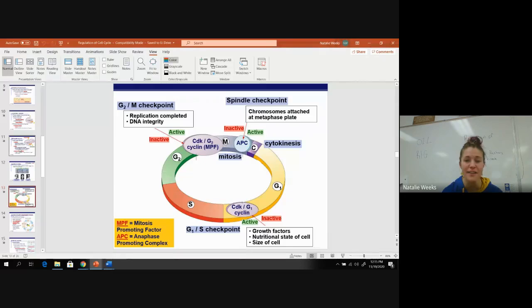It's the anaphase promoting complex that is going to either let anaphase happen, where we are splitting our chromosomes apart, or not let anaphase happen. This is going to happen in the metaphase part of the cell, and it's either going to let it go on, or it's going to stop that whole cell cycle and kind of kill the cell. If the spindle fibers are all over the place, it's not going to activate that APC, and it's not going to go on to the next phase.